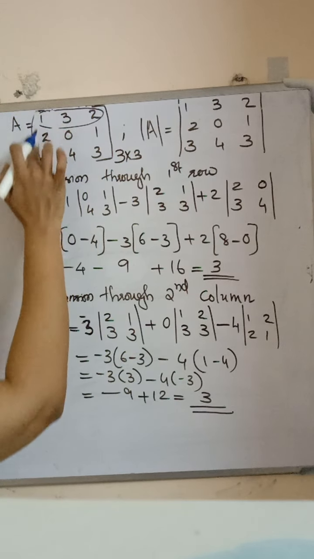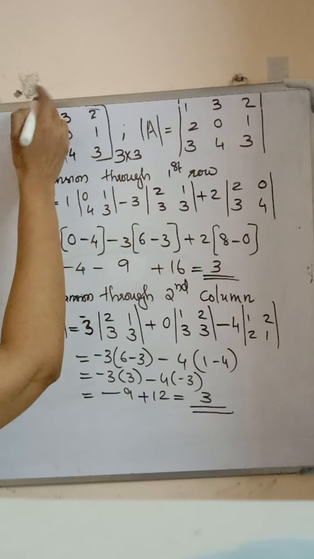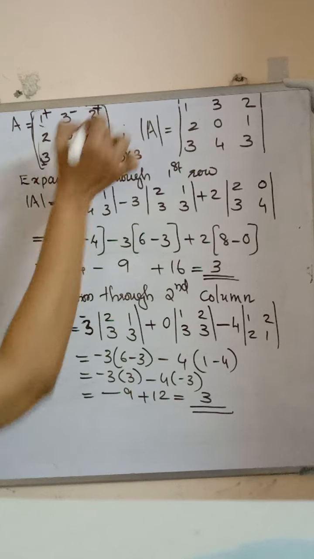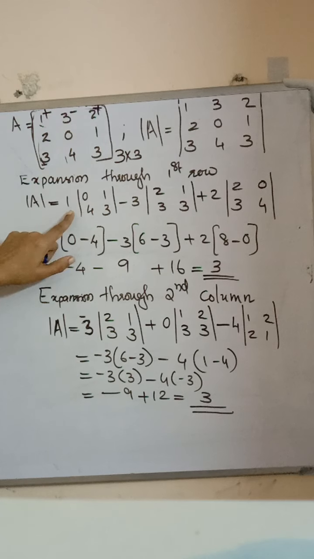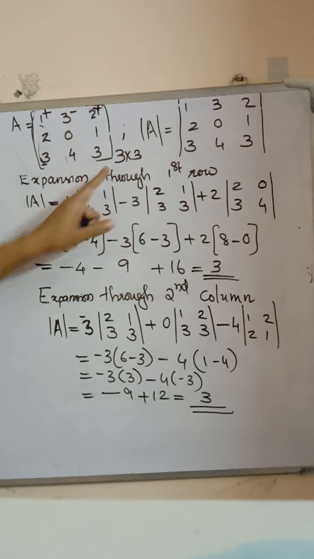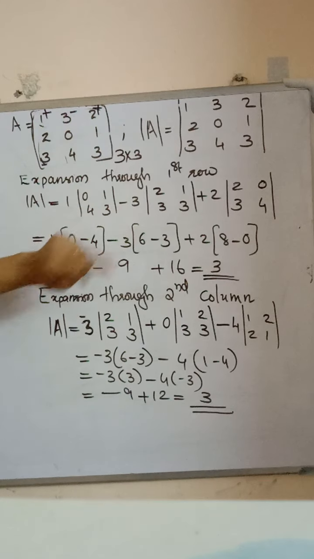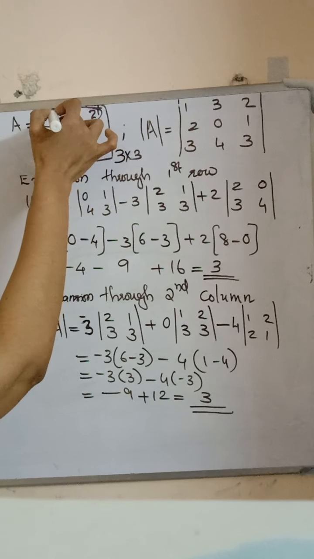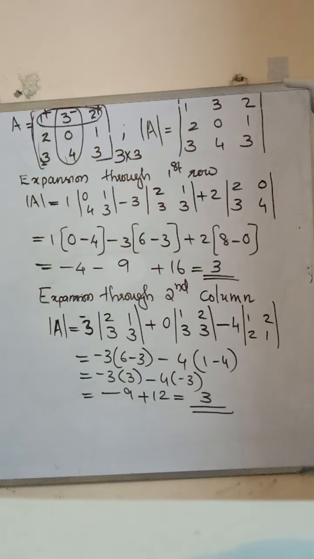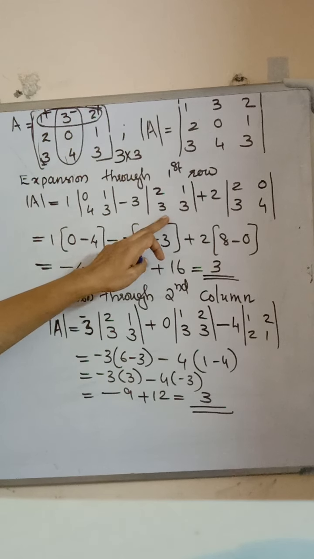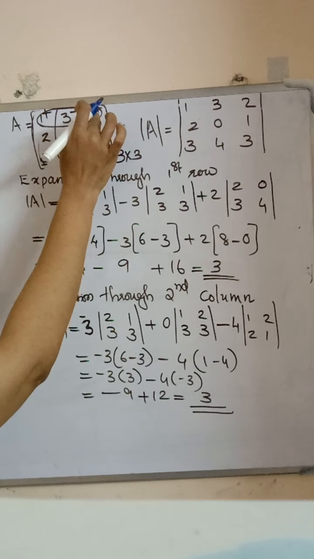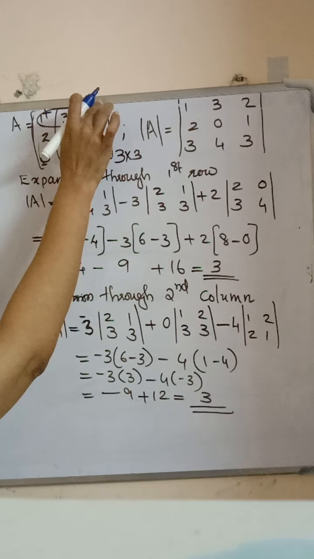In the first row the numbers have the signs plus, minus, plus. So 1 into determinant 0 1 4 3, and minus 3 into determinant, deleting the column and row in which 3 belongs, we get 2 1 and 3 3. Next, the first row third element has the sign plus.